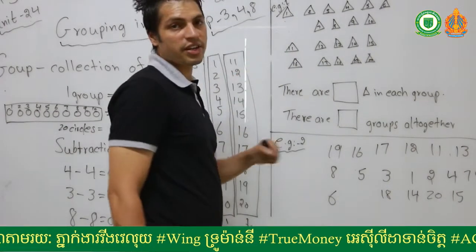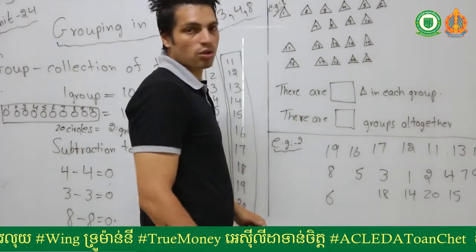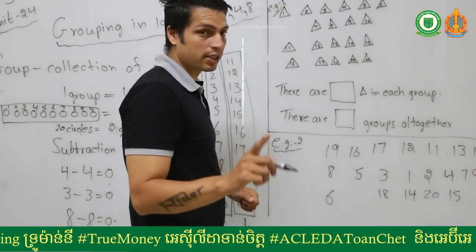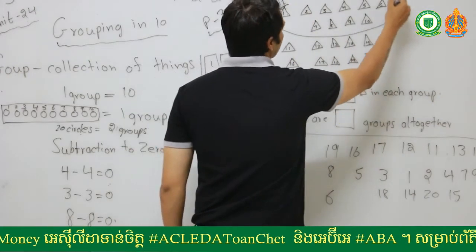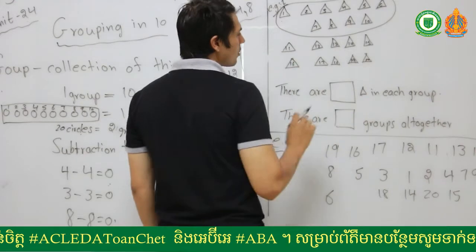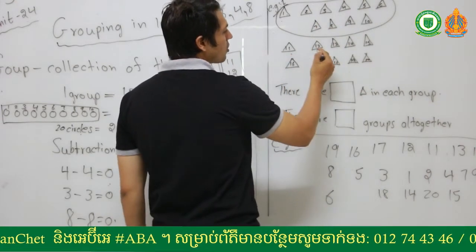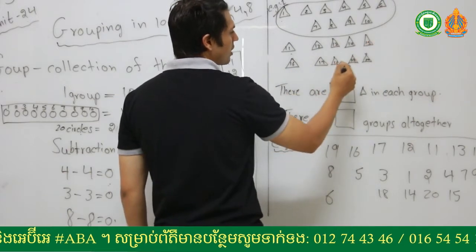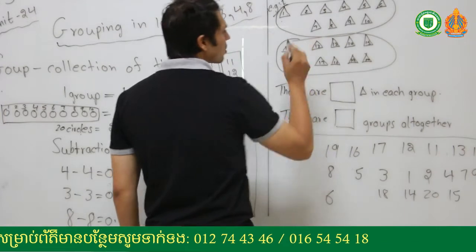So we have 20 triangles and we are doing grouping in 10. We give 10 triangles to one group, so we make a circle around them. That means one group, with 10 triangles. How many are left? 1, 2, 3, 4, 5, 6, 7, 8, 9, 10. So we can make one more group. How many groups?